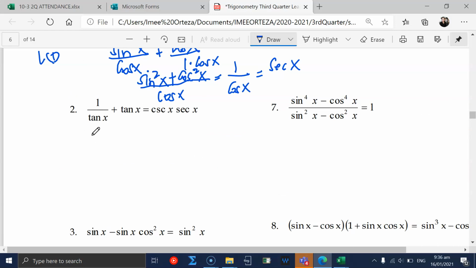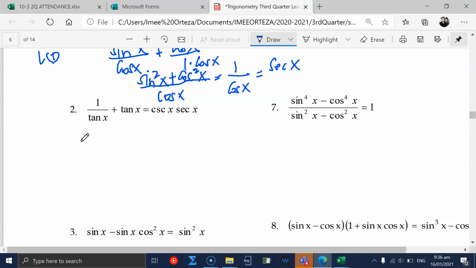So, for number 2, one technique again is to turn everything to sine and cosine. Okay, and then apply the rule on LCD.